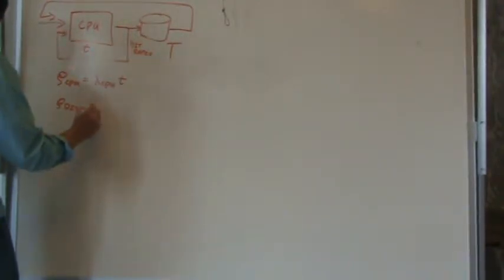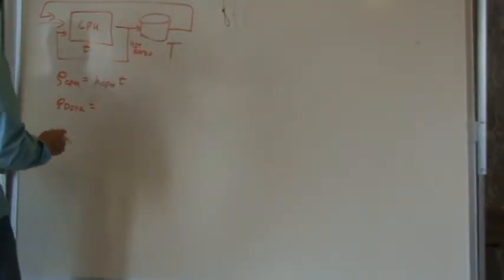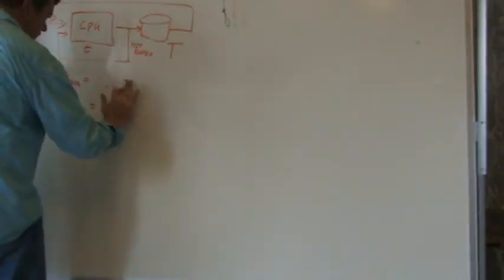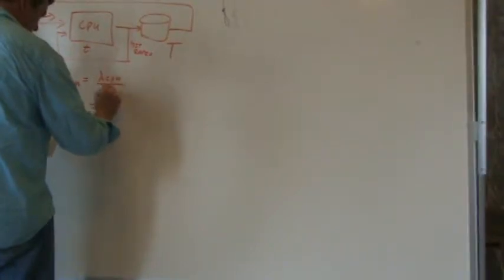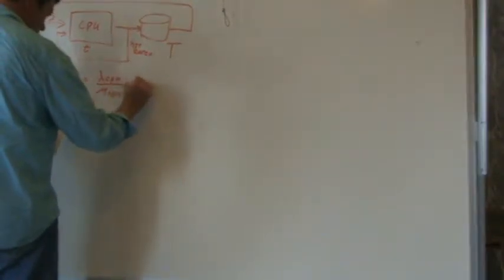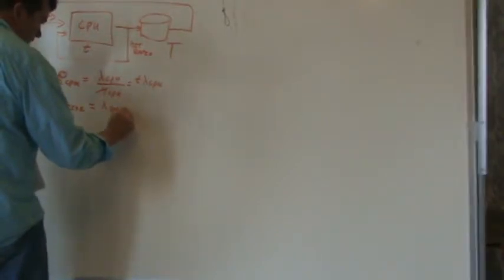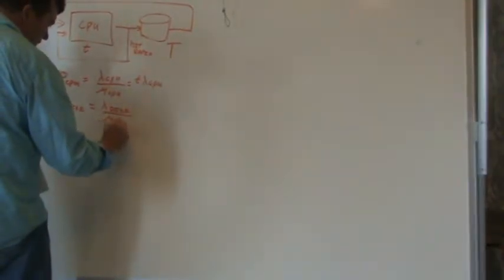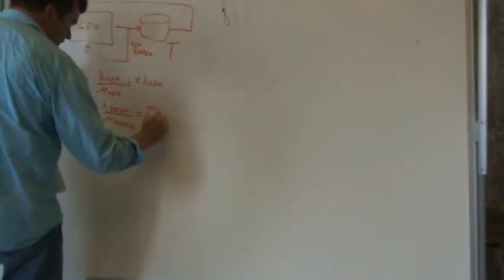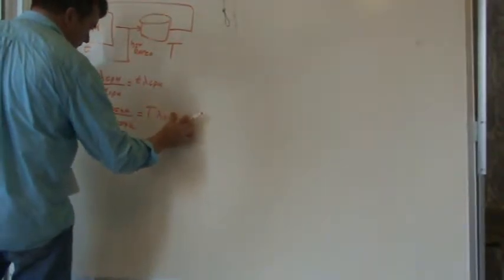Okay, the time spent in the disk drive would be, let me write this out a little bit more clearly. Lambda CPU divided by mu CPU equals little t times lambda CPU. The disk drive would be the same thing. Lambda disk divided by mu disk equals big T times lambda disk.